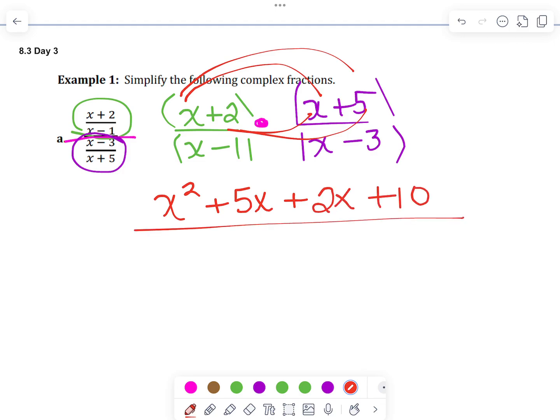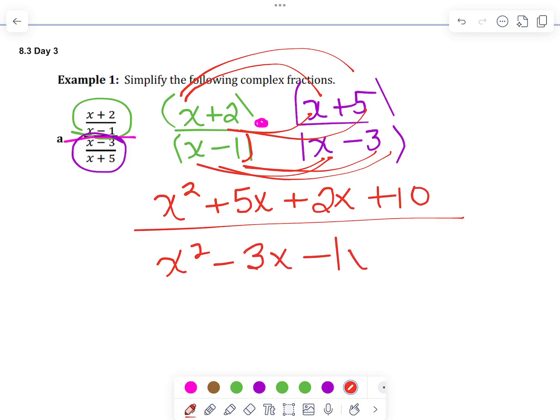And then in the denominator, we do the same thing. So first, outside, inside, last. So we get x squared minus 3x minus 1x plus 3.